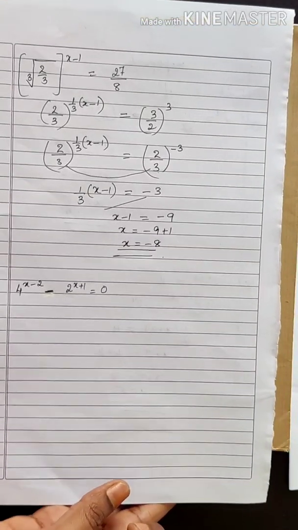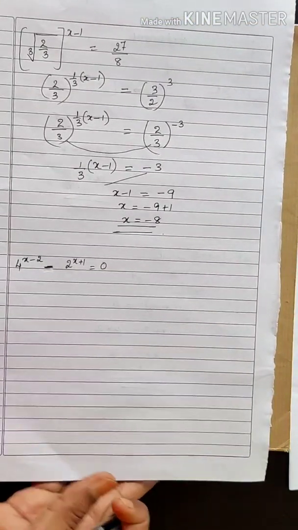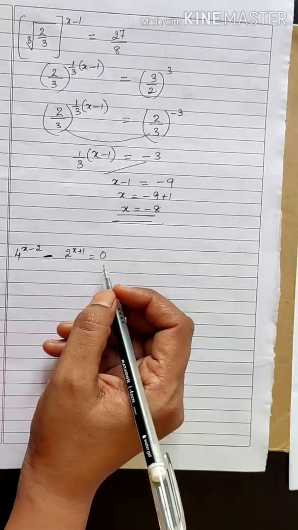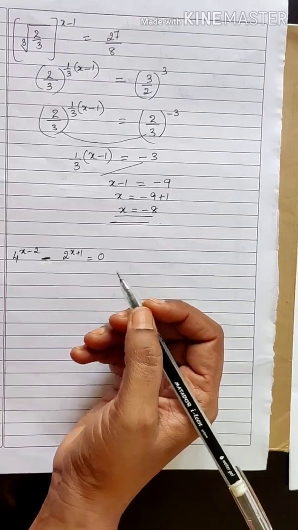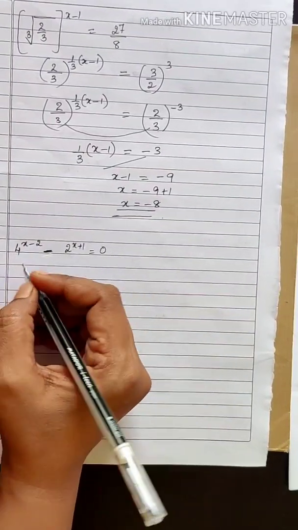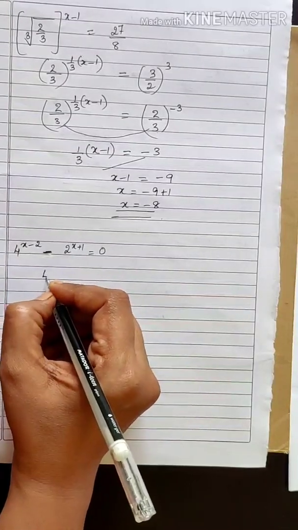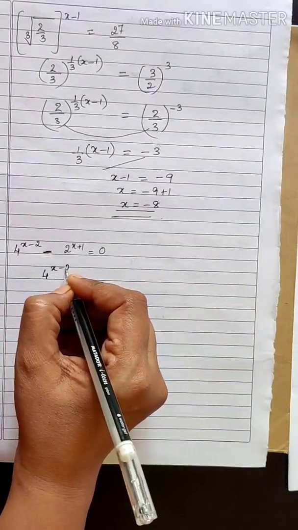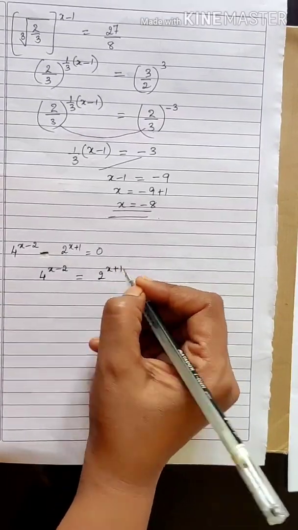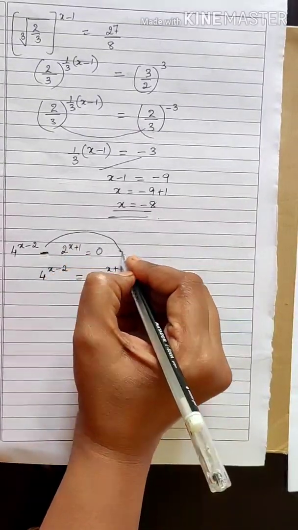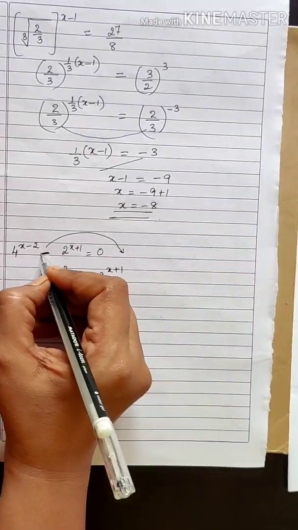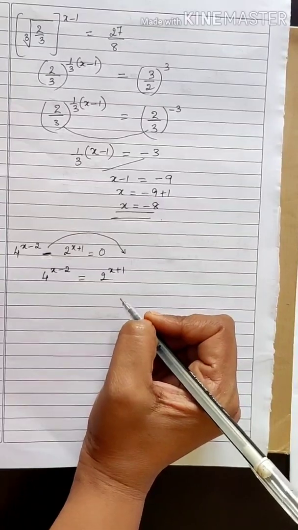Now next sum, 4 to the power of x-2 minus 2 to the power of x+1 is equal to 0. Now a sum of different type. Here 4 to the power of x-2 is equal to 2 to the power of x+1. I am transposing 2 to the power of x+1 to the right hand side, so this minus will become plus.